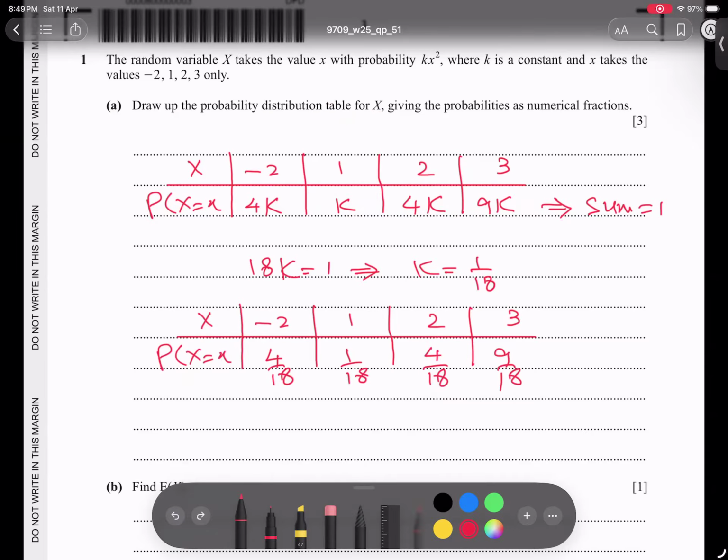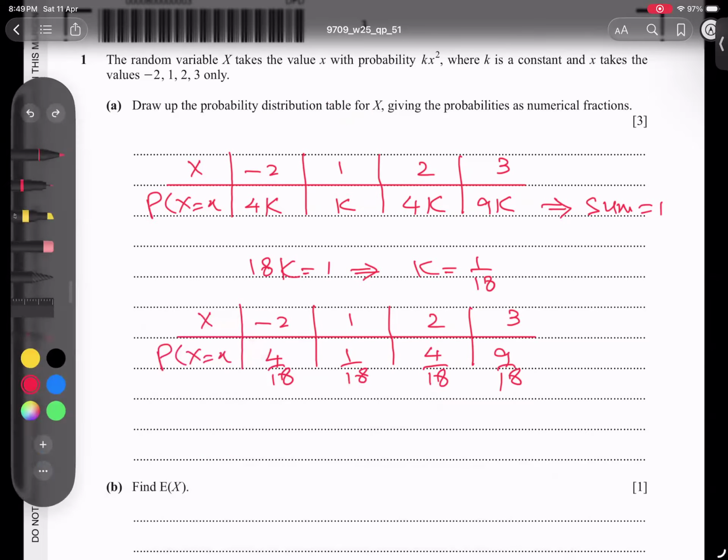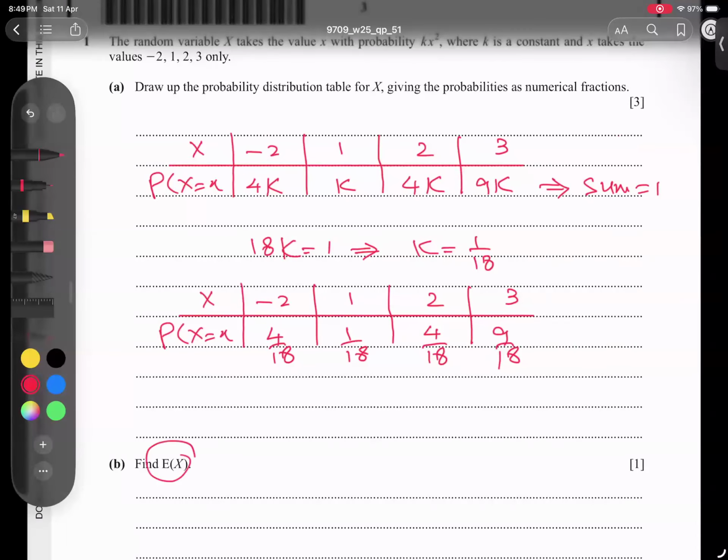So we have done the distribution table he was asking for. And the next part of the question is he's asking E of x. Mean is called expected value. How to get mean, students? Multiply, plus multiply, plus multiply, and plus multiply. So when I multiply, 2 4s are 8.